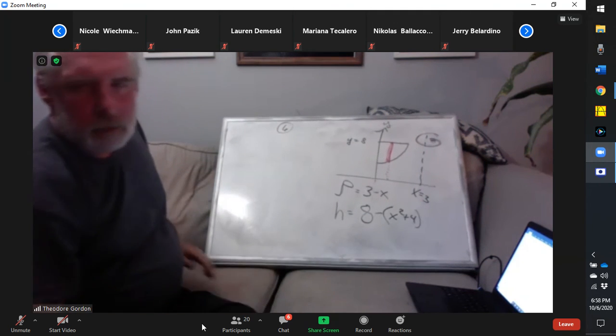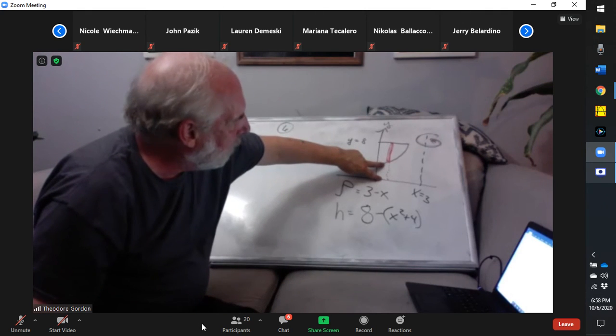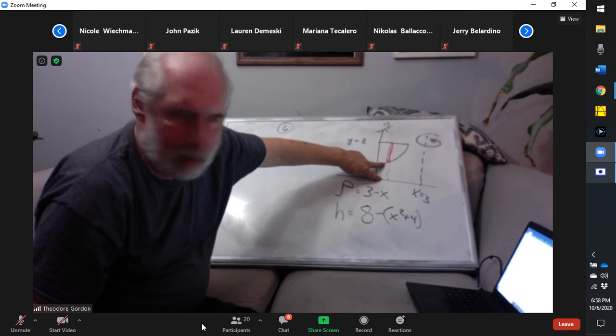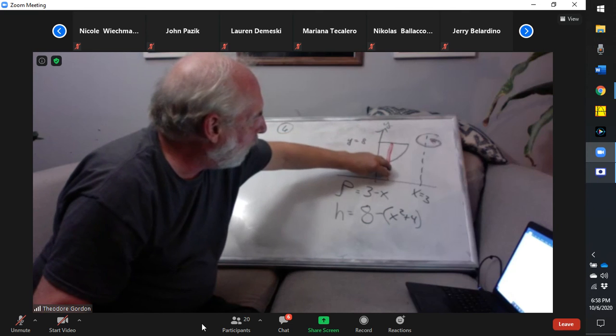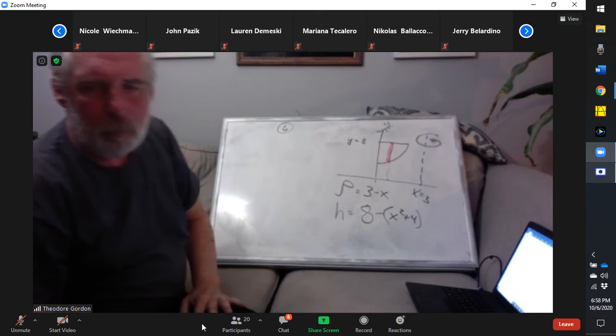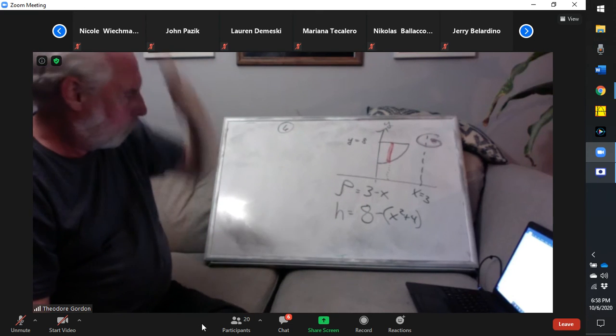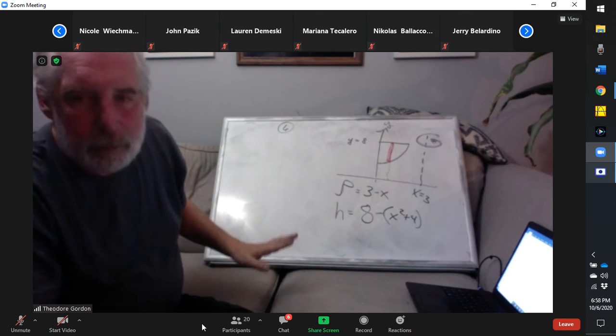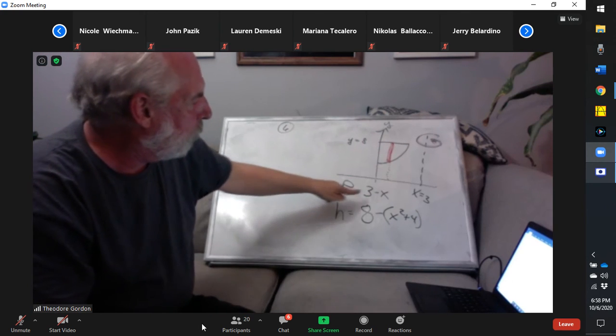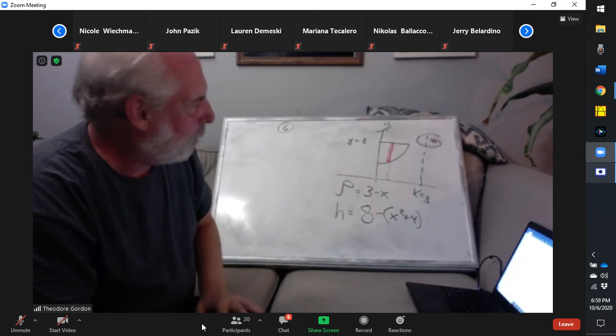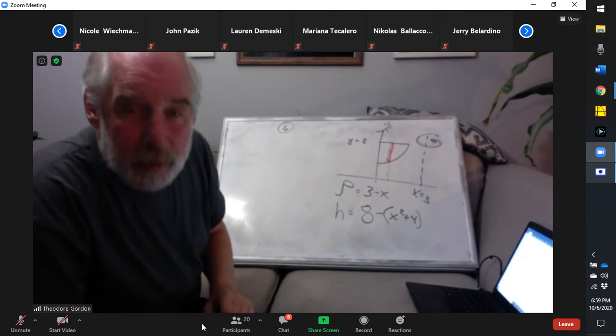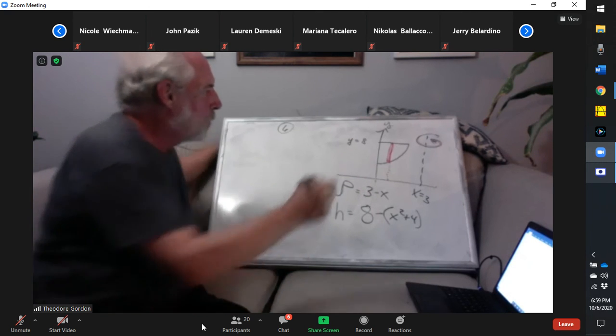That's the function. This dotted line is x squared plus 4 high. So we want the 8 and then take that away. When I'm done doing this problem, I will show you why that's 3 minus x, by the way. So we need one other thing, and this goes back to that other problem.